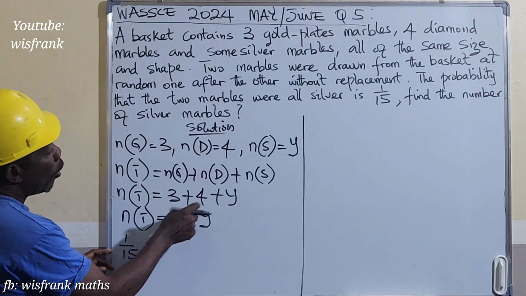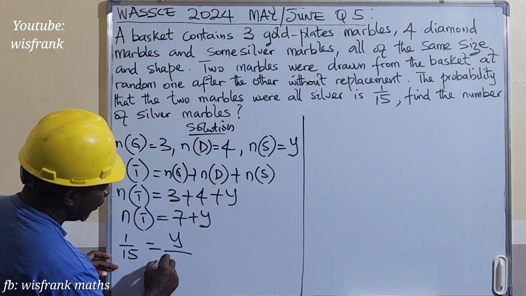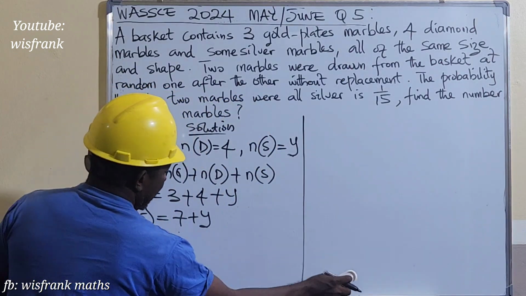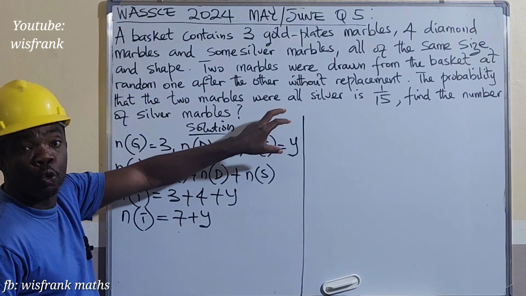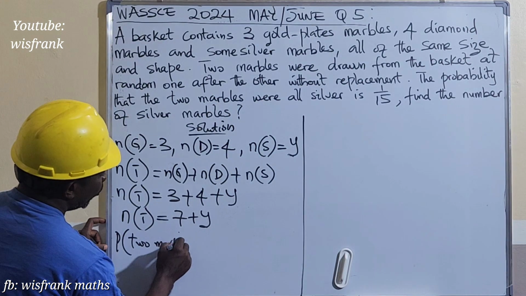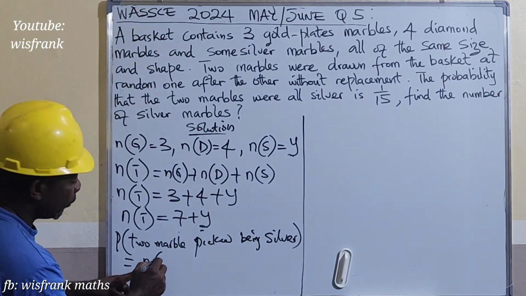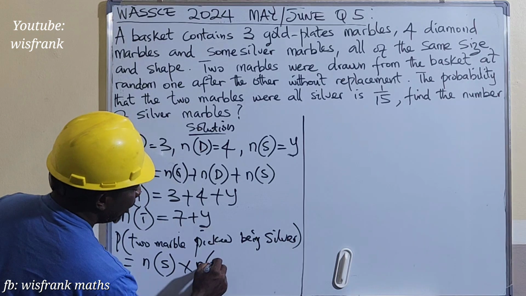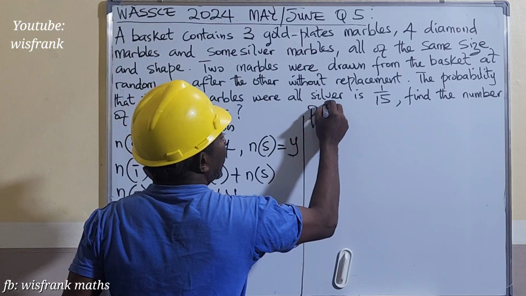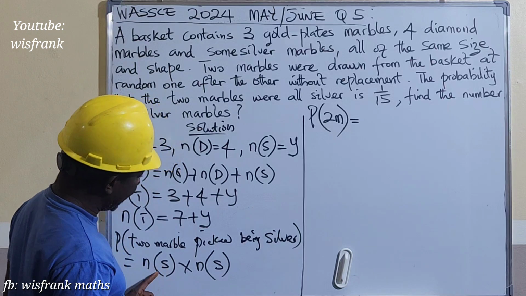So the probability that the 2 marbles picked are silver will be equal to the probability of the number of silver times the probability of the number of silver again. The first one is the number of silver.